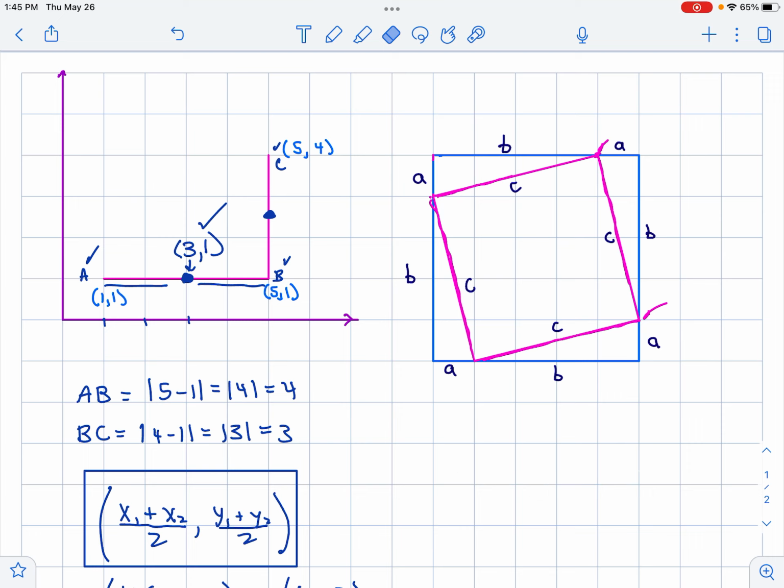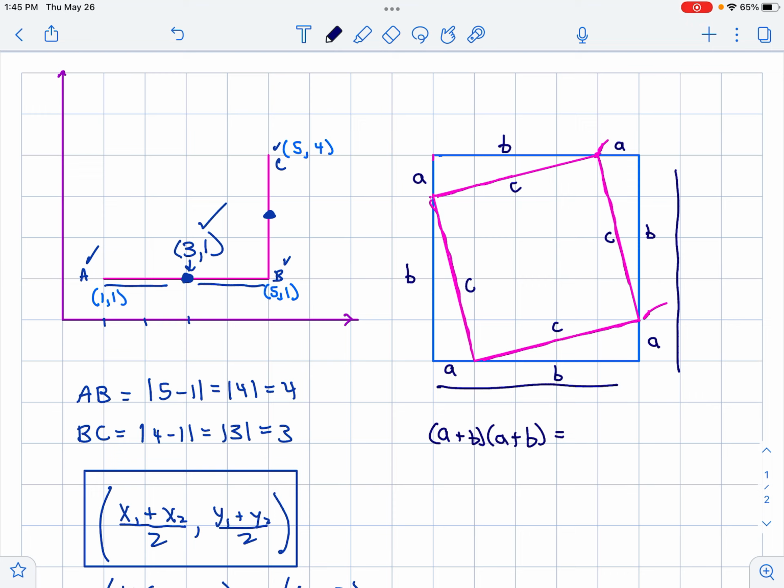Now, once again, I realize we're getting ahead of where we are in the geometry program, but let's just think about the area of this square. Well, it's A plus B, length times width, times A plus B. That's what the area is.